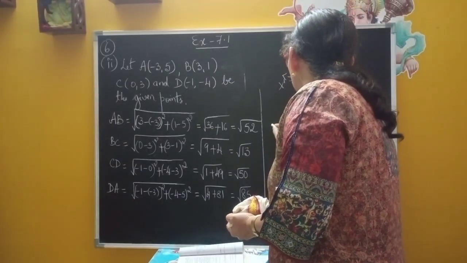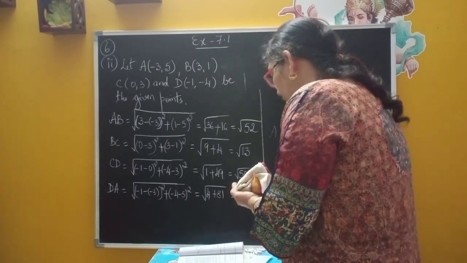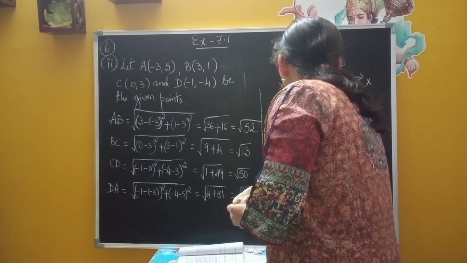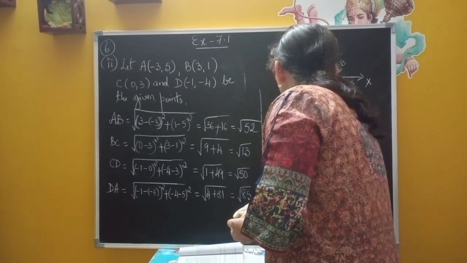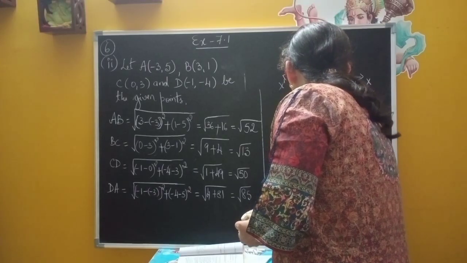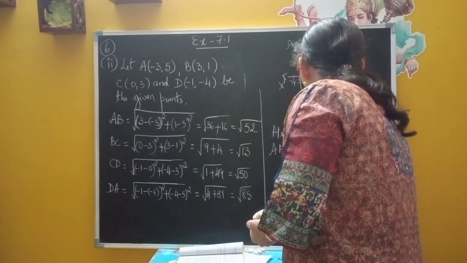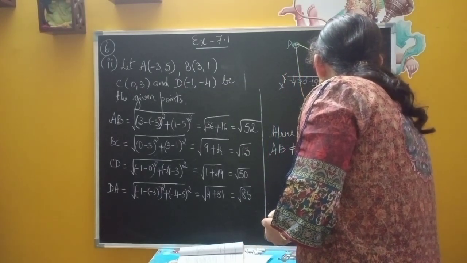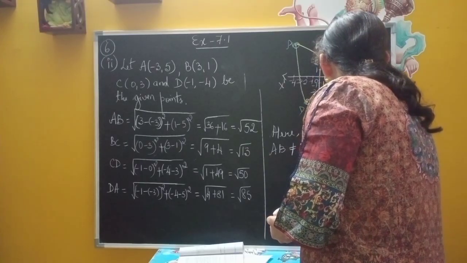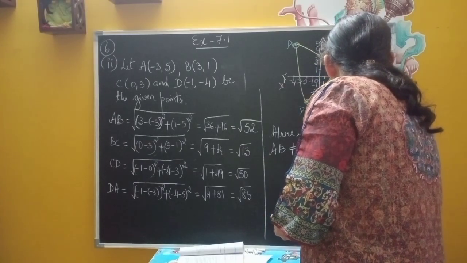We got AB is not equal to BC and not equal to CD and this is also not equal to DA.